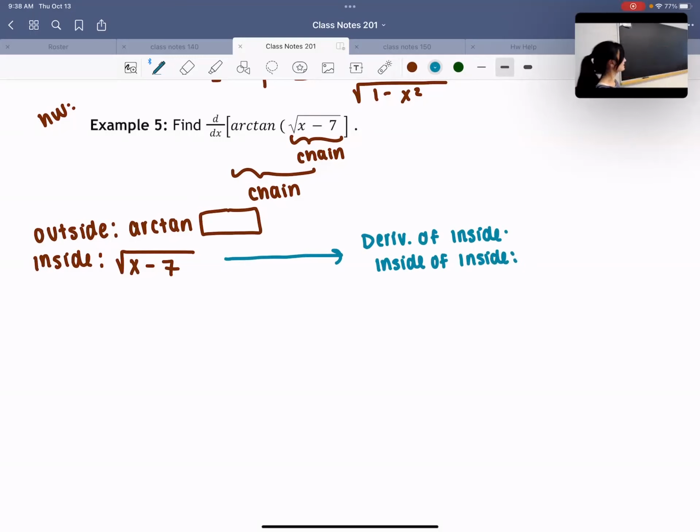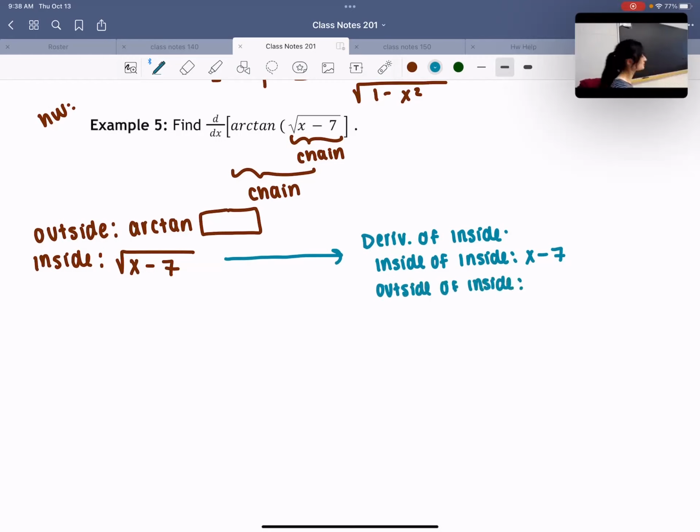What is the inside of the inside? What's the inside of the square root of x minus 7? X minus 7, good. Next, we need to do the outside of the inside.